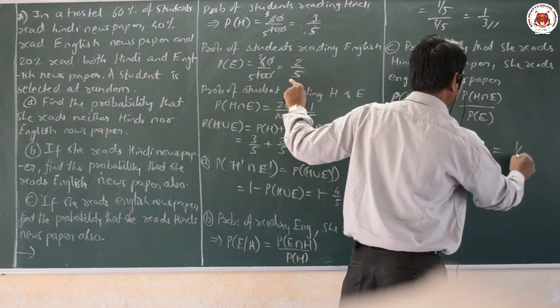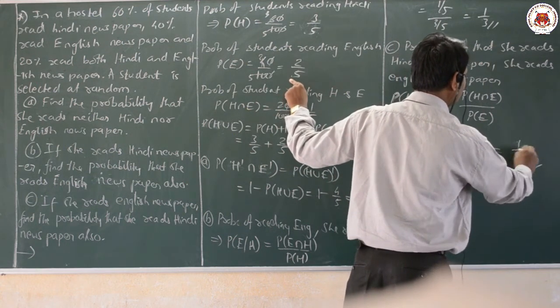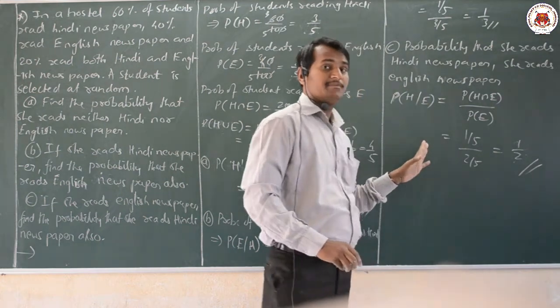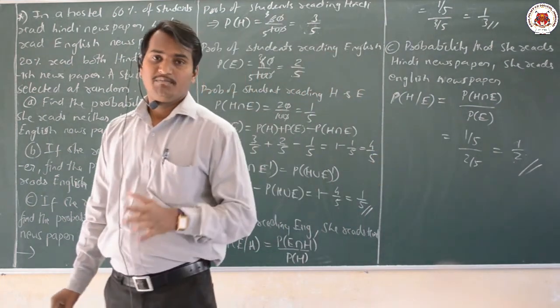The 5 gets eliminated, and the remaining part is 1 by 2. The answer is 1 by 2.